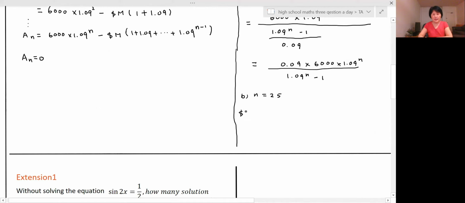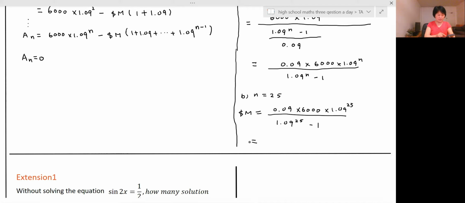So the yearly installment M will be equal to 0.09 times 6,000 times 1.09 to the power 25, and the bottom is 1.09 to the power 25 minus 1. I use 25 to replace n.